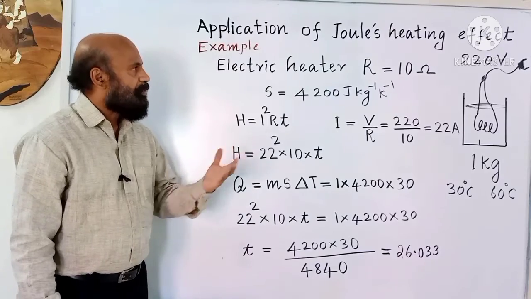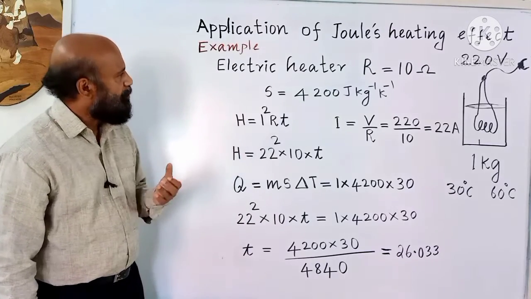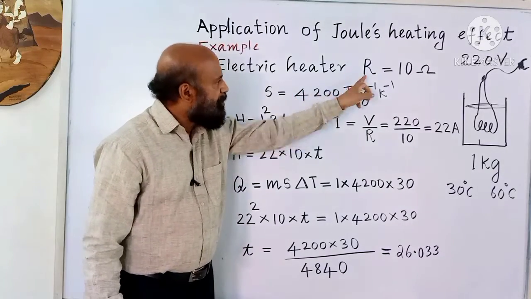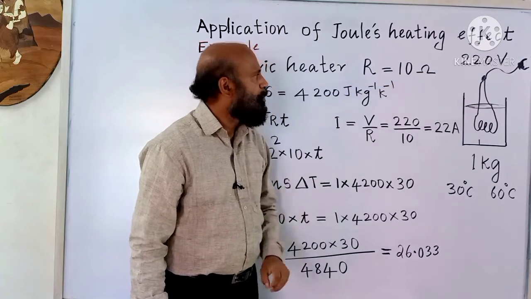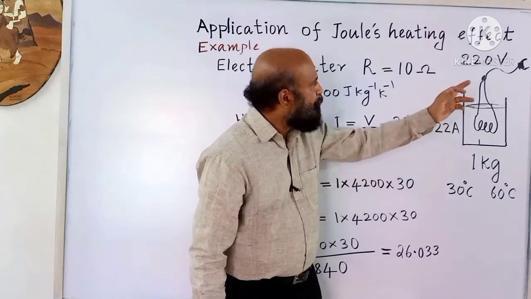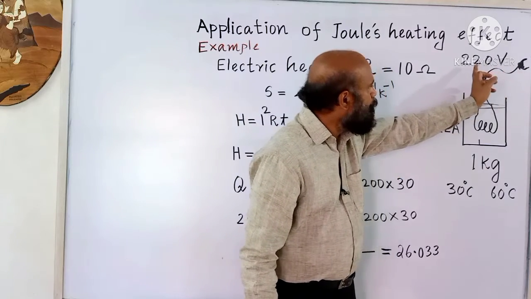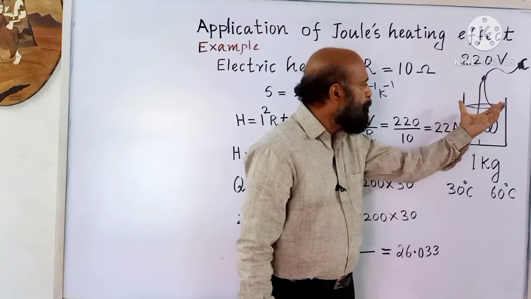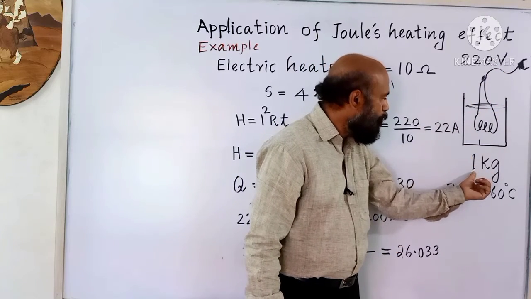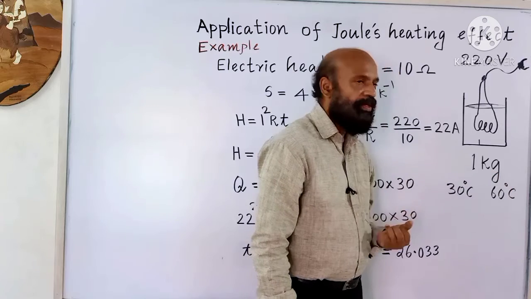Now let us see an example for an electric heater. An electric heater of resistance 10 ohm is connected to a potential difference of 220 volt and immersed in water of 1 kg.